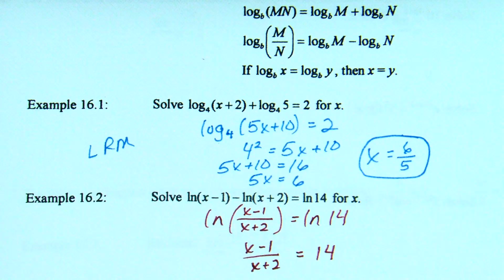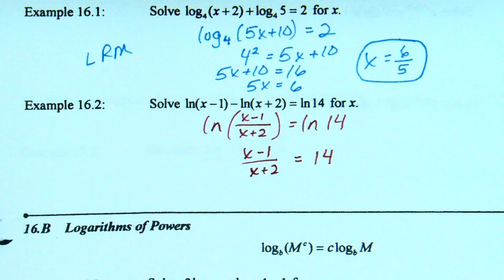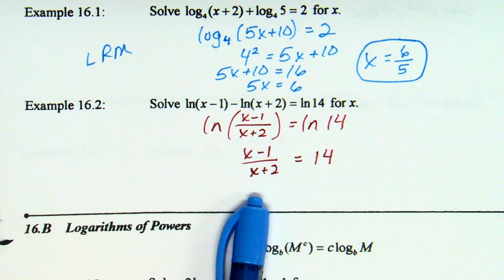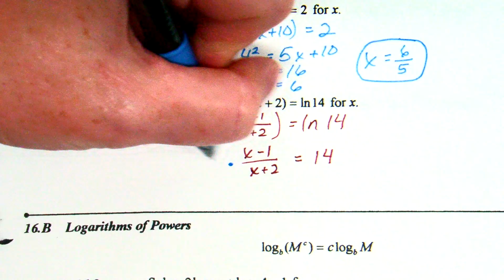And now it's using our algebra skills. How do you want to solve this? I would just think, okay, how do we get rid of that denominator? How do we get rid of the fraction? To get rid of the denominator of the fraction, multiply by that denominator. So I would multiply by x plus 2.